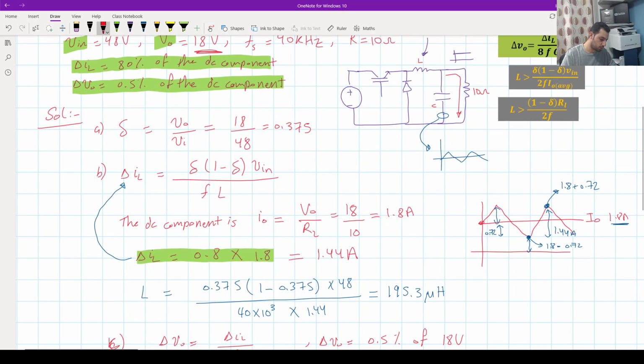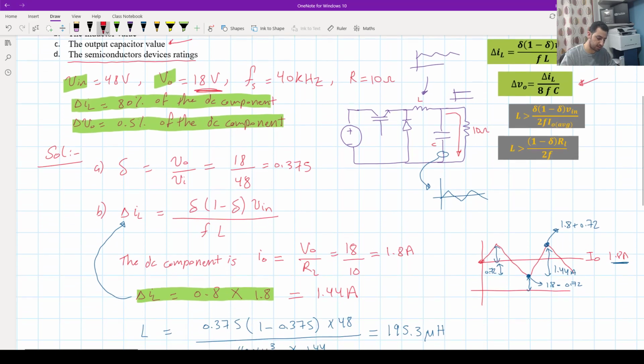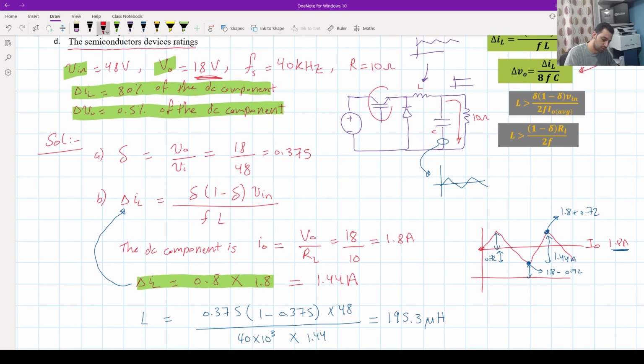And now let's go to question number D. It says, what are the semiconductor device's ratings? What we mean by this is that switch and that diode. We need to know the maximum voltage that can be applied across the terminals of each to specify the ratings. The current going from the source through the switch and to the load is the same as the current going to the inductor.